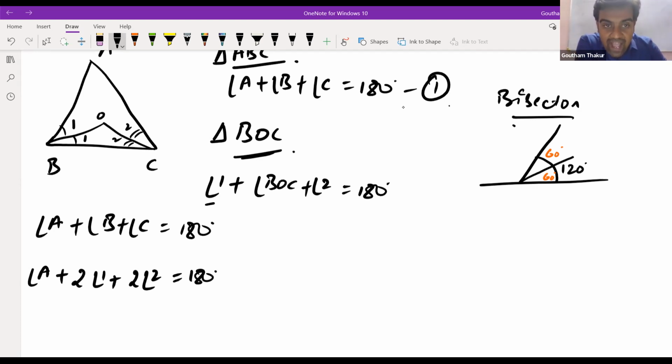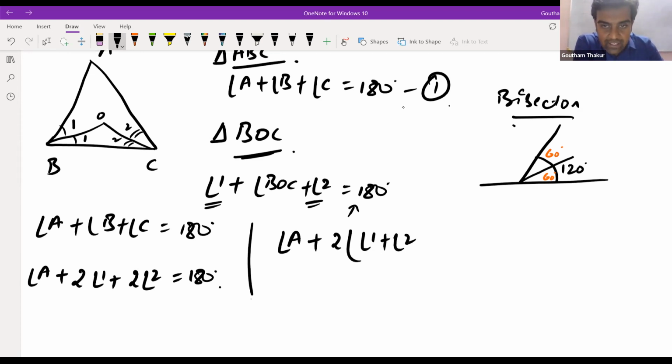Now we have angle 1 and angle 2 in BOC also. Let's relate these two. Let's take the relation of angle 1 plus angle 2 over here and drop it in this particular thing. What will we get? Angle A plus, taking 2 common, angle 1 plus angle 2 is equal to 180 degrees.